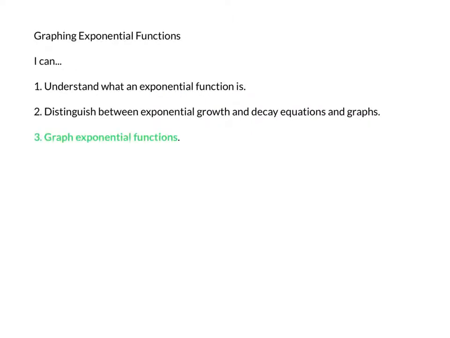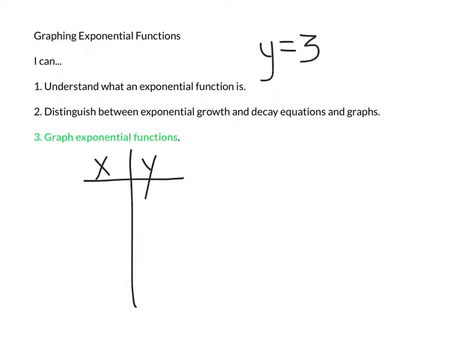All right. So if we're going to graph exponential functions, what I like to do is I like to make a table. And we'll make an XY table here. And let's try with the one we started our discussion with. Let's say I give you $3 the first day, and then each day after that I double the money.